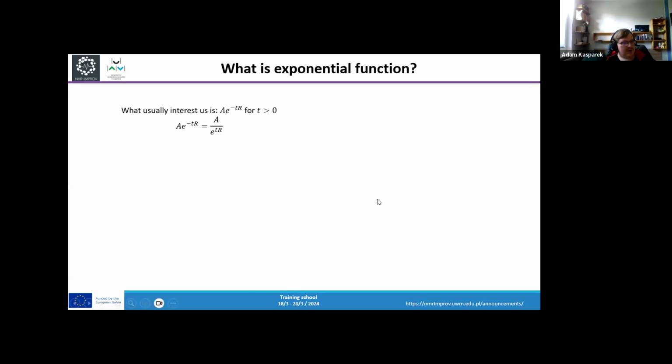Usually we are interested in such a function where we have a multiplied by e up to minus t over r, where t is usually bigger than 0. Of course, as we said during the exponent slides, when we have minus here, that actually means we divide by e up to the power of t over r.